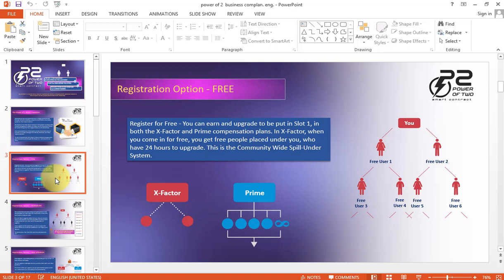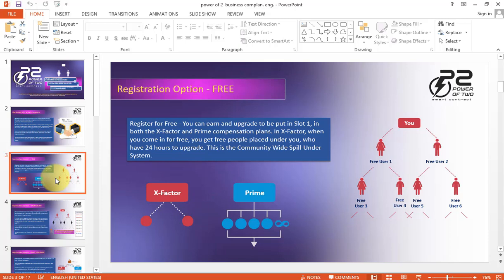Now in X Factor, you receive 100% payment directly to you once the system finds you partners. Exactly. In X Factor, you join, and the system finds you partners in order to qualify for upgrade and begin earning.